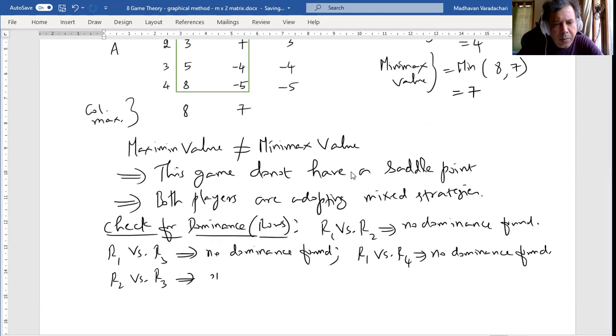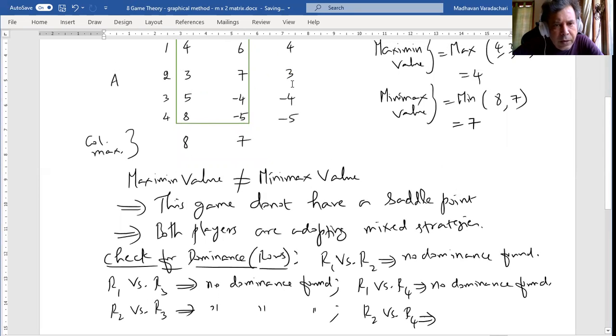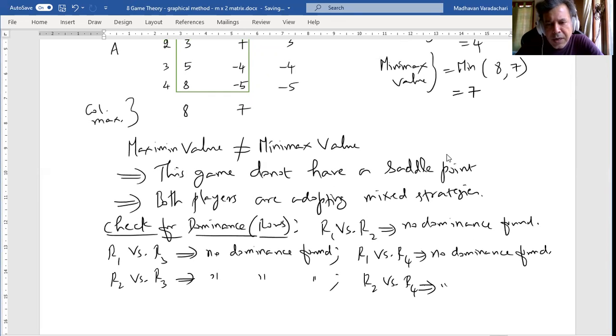Again, no dominance found. Then R2 versus R4, second row and fourth row. 3 is lesser than 8, whereas 7 is larger than -5. Again, there is no dominance between these two rows.